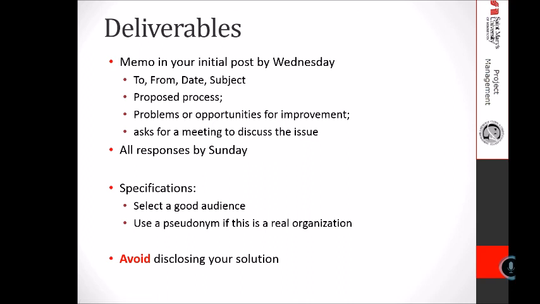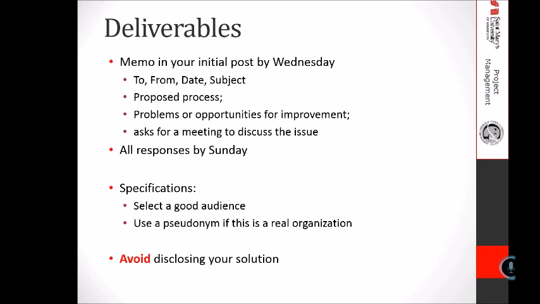So the deliverable for this week is really just a memo that you are going to write on your particular scenario. It's a short one-page document. I'm not worried about the format for it at this point. It should start out with to, from, date, and a topic.